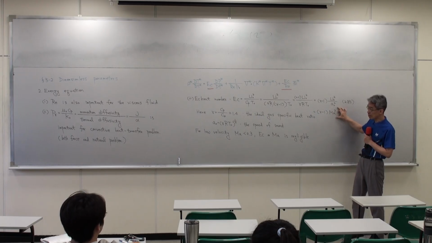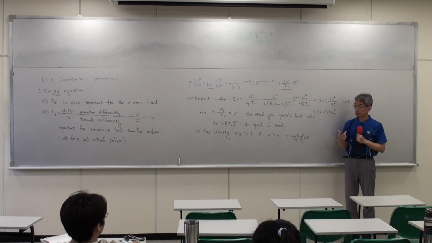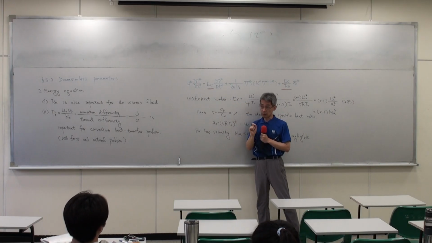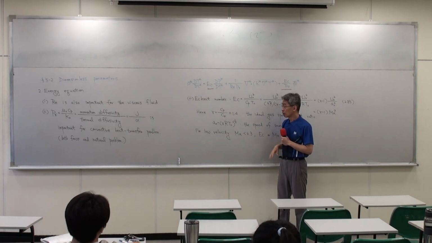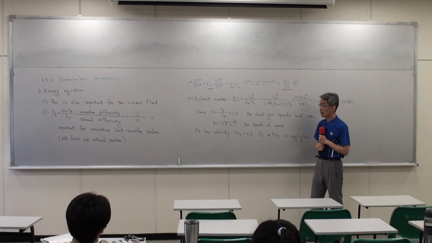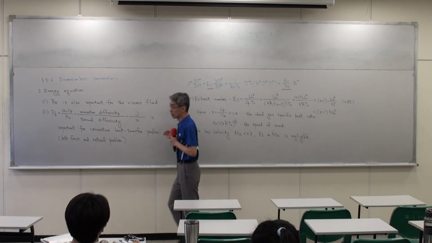So this number, or the Eckert number, can be very small. That means this term and this term will be almost 0. So for most cases, your energy equation is reduced to only the thermal energy.